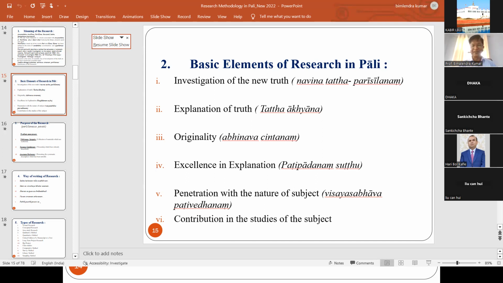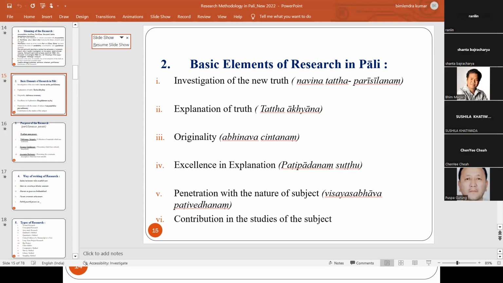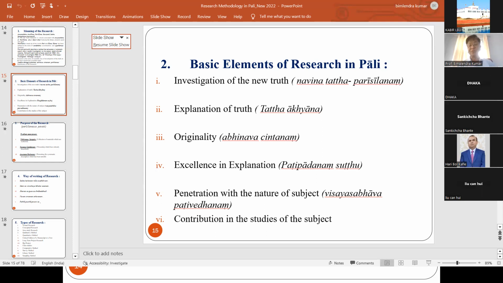Whenever you are making an investigation of the new truth based upon the materials available to us, this is one of the elements of our research.